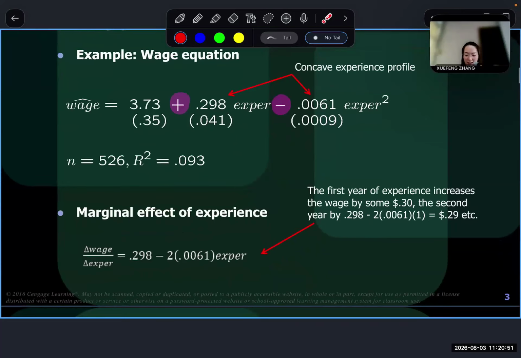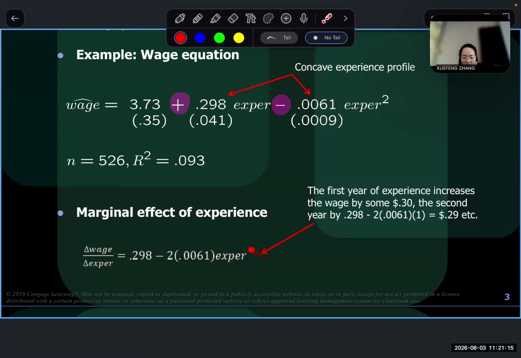So let's see here. In order to get the marginal effect of experience, we need the derivative, okay? So delta wage over delta experience. So basically this is beta 1 minus 2 times beta 2 times experience, right? You just take the derivative. So what does this mean?